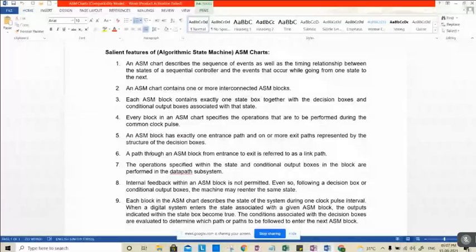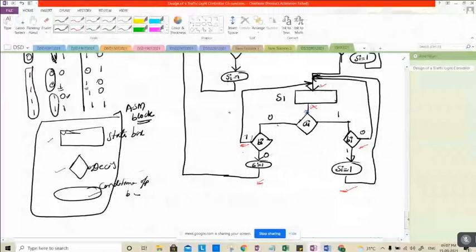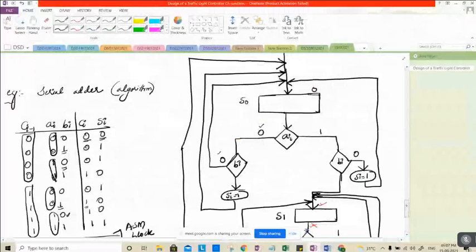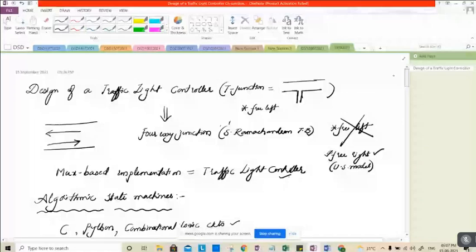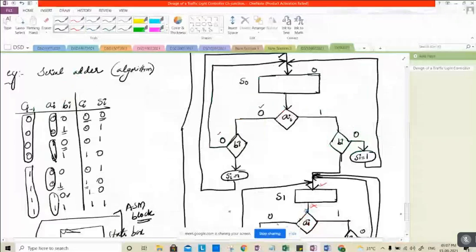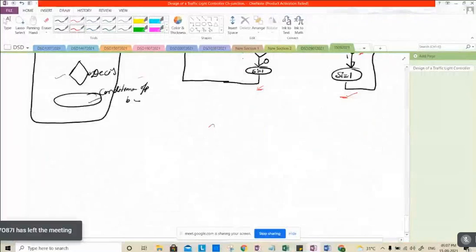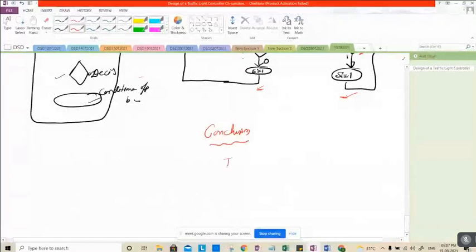So why are ASM charts described for you when they are not in the syllabus? Right, on the whole, the conclusion as per the textbook is that compared to state diagrams, ASM charts are very useful whenever we enter into complex designs.